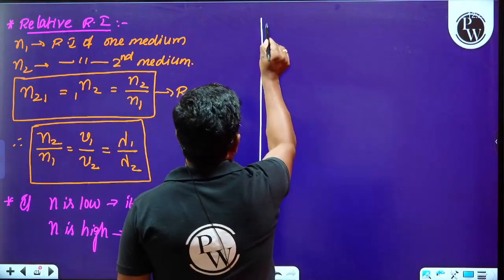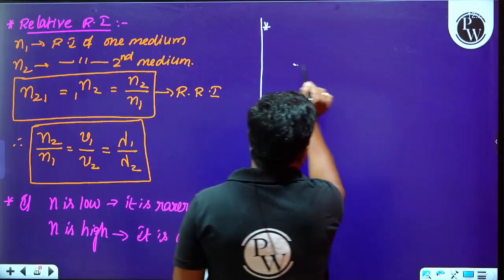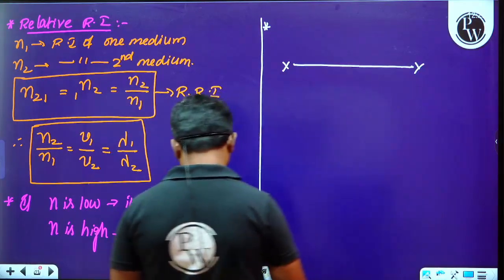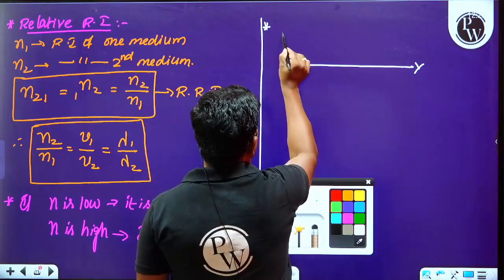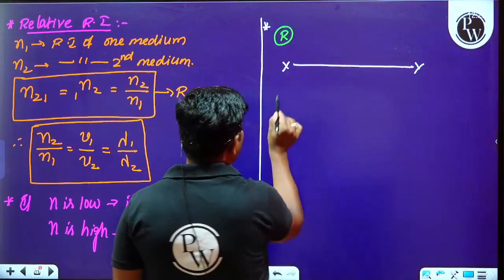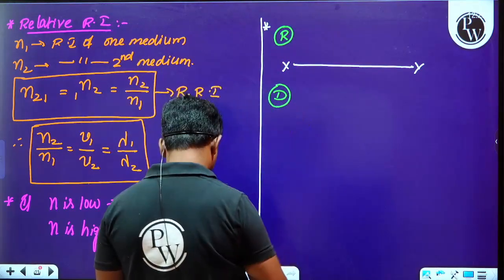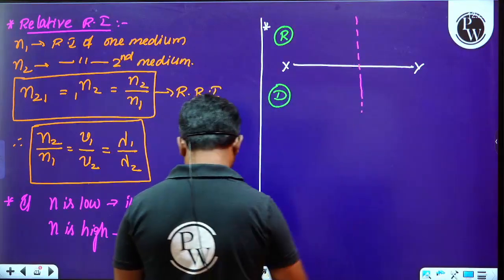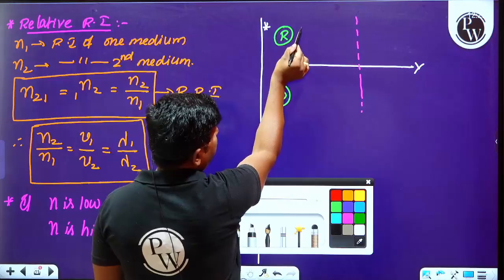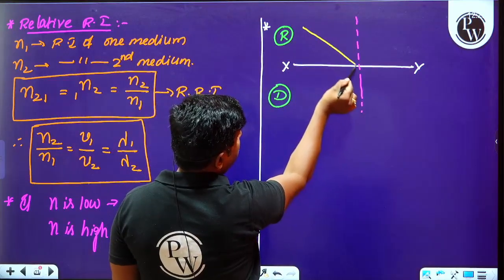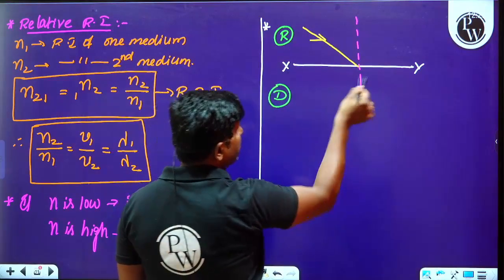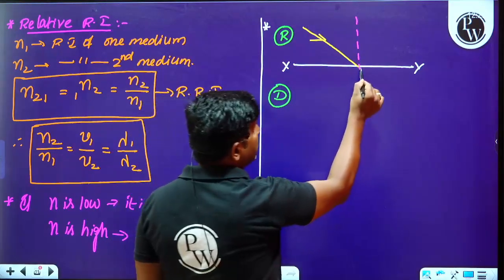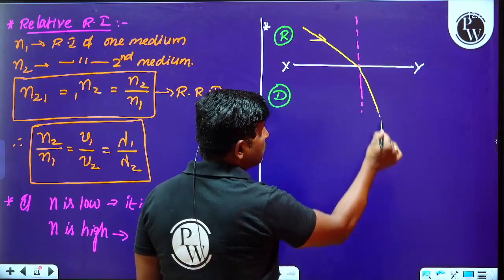Okay. Now please observe this. Let us consider a refracting surface xy, which separates the two media. One is called a rarer medium and the other one is called a denser medium. Let us say this is a normal. Whenever light travels from rarer medium to denser medium, it bends towards the normal.